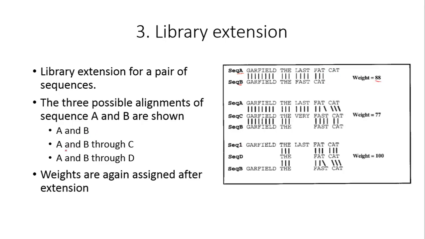Then you can align A and B through C. Again you can align sequence A and B through D. So what you have done here is that you have tried to insert the third sequence in between and then again calculate the weight based on the identity that you have observed while creating these alignments, these primary or secondary libraries.